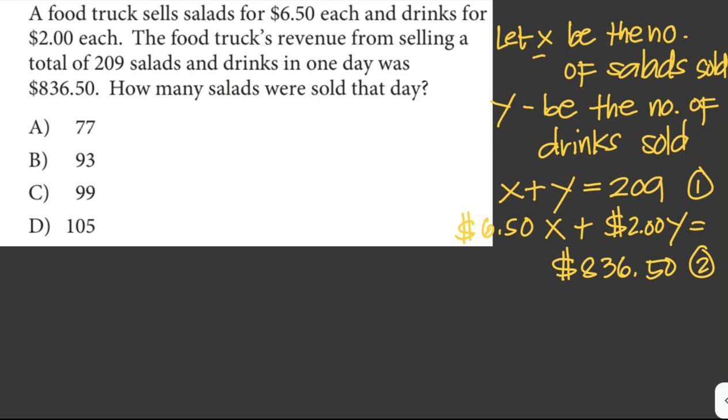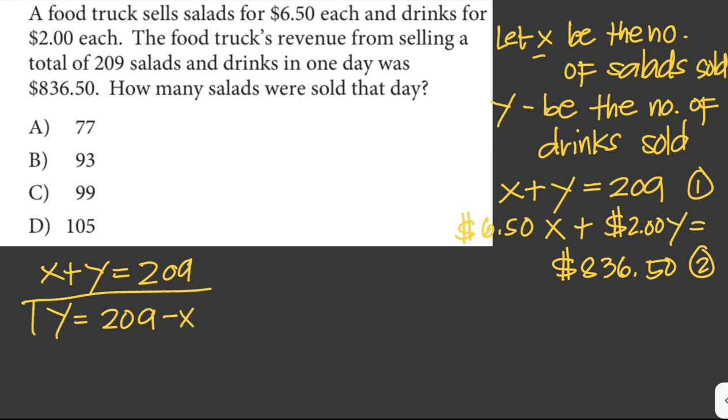So we can write the first equation as x plus y equals 209. So we can write this as y equals 209 minus x. And then we can substitute this value of y into the second equation.